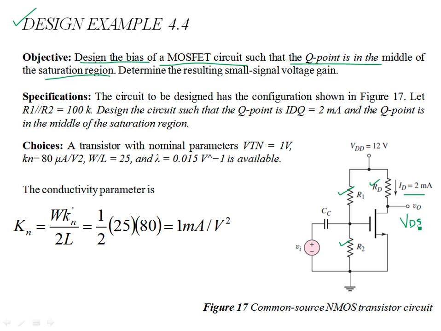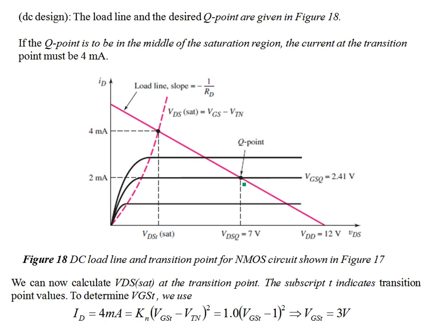Now, you cannot have arbitrary values of VDSQ and ID for given R1, R2, and RD resistances. The reason is, if you consider the load line, and the Q point is near the non-sat region or biased towards the cutoff region, your output swing is going to be limited.